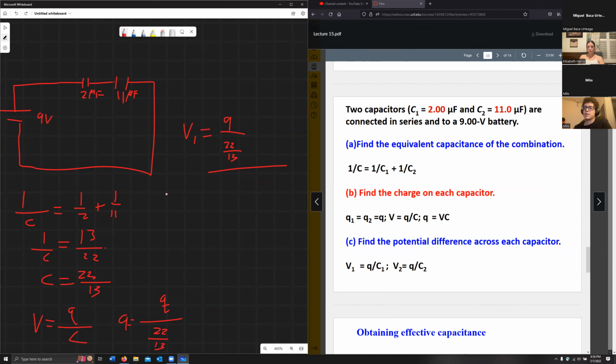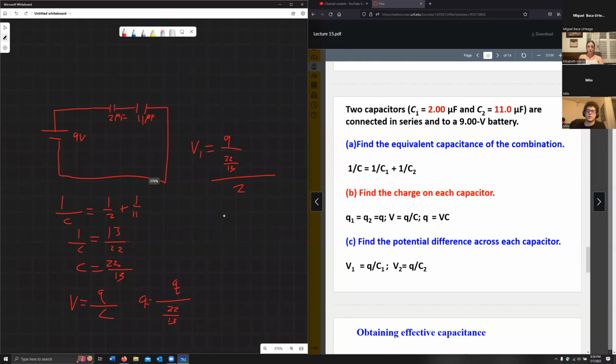Okay, so this would be 2/11, or 2/1, which is just 2. Gotcha. That's a nasty one. And then that's divided by 2, because this is Q.